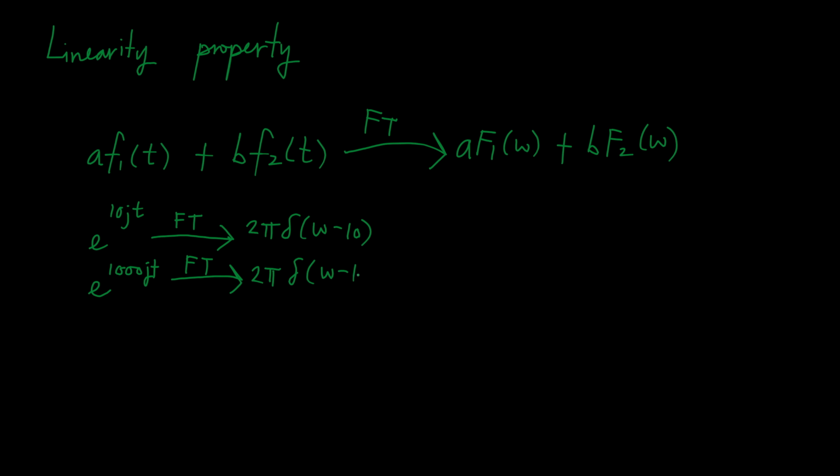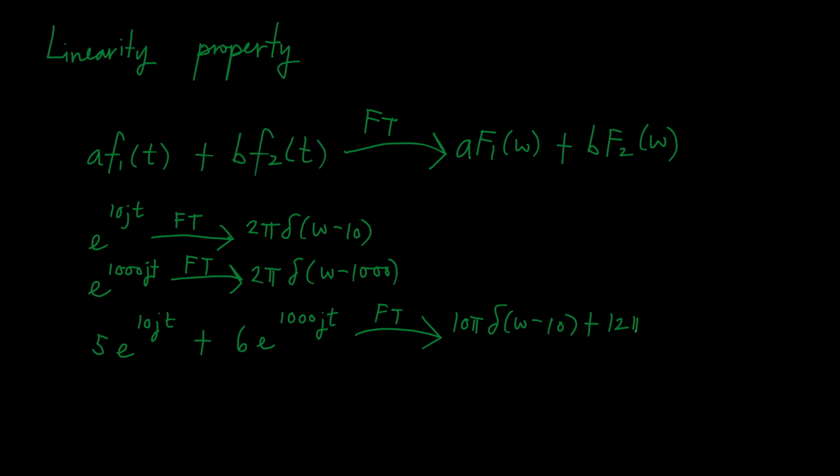If you multiply the first exponent with 5 and the second exponential function with 6, then based on the linearity property, the Fourier transform of the whole signal, 5 e to the power of 10 jt plus 6 e to the power of 1000 jt, equals 10 pi delta omega minus 10 plus 12 pi delta omega minus 1000.